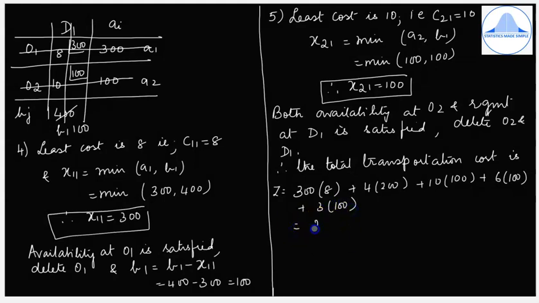So which is equal to 2400 plus 800 plus 1000 plus 600 plus 300. So therefore Z is equal to rupees 5100.